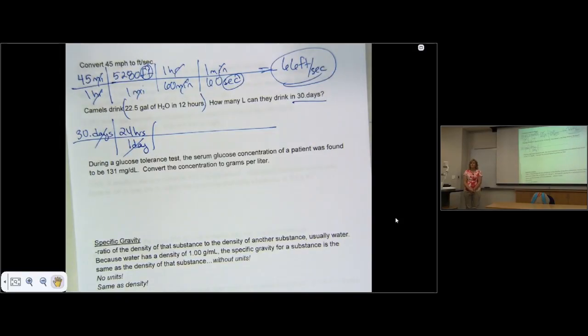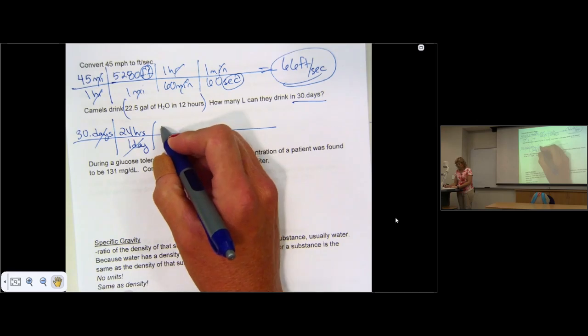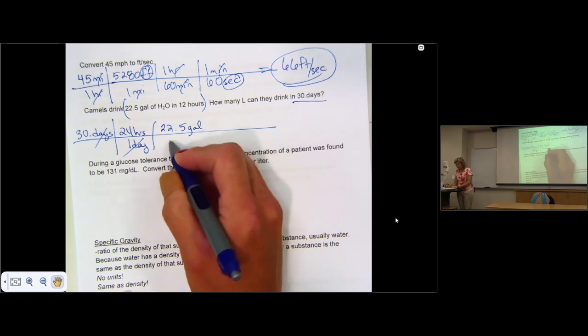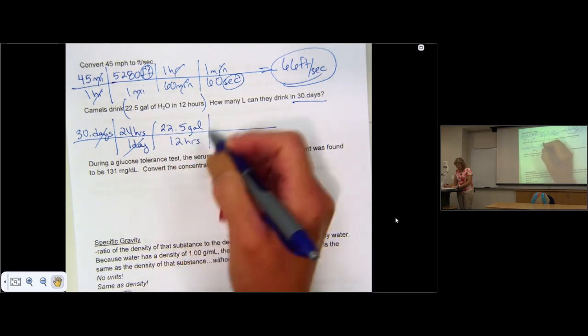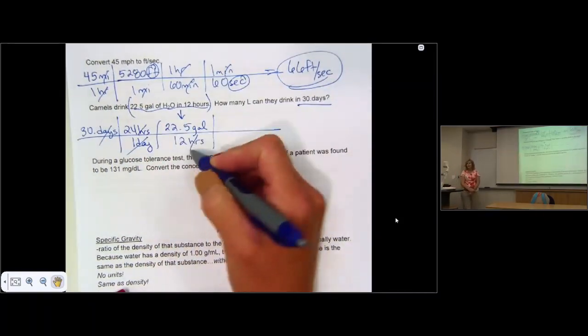Are we seeing where to go next? Where do I go next? 22.5 gallons per 12 hours. That's where that goes. Now, finish it out.